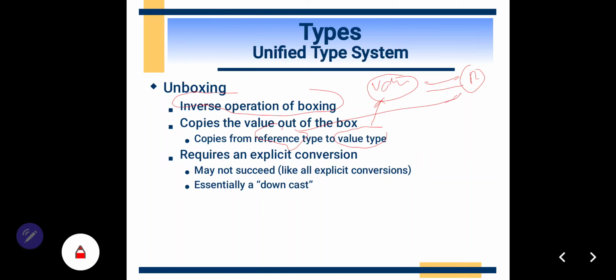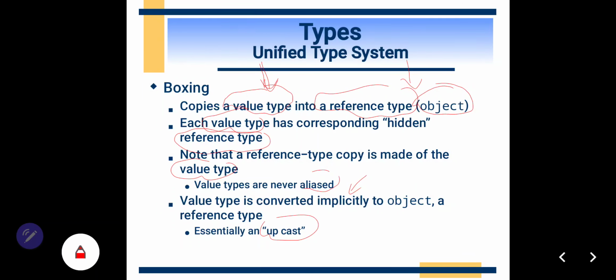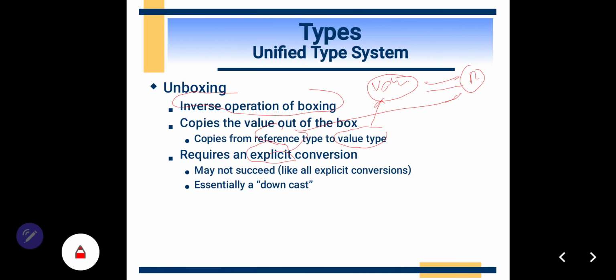Okay, I will remind you about explicit. Before there was implicit, and this explicit is a different concept. With implicit, your data will not get lost, but with explicit, maybe some of your data will be lost.